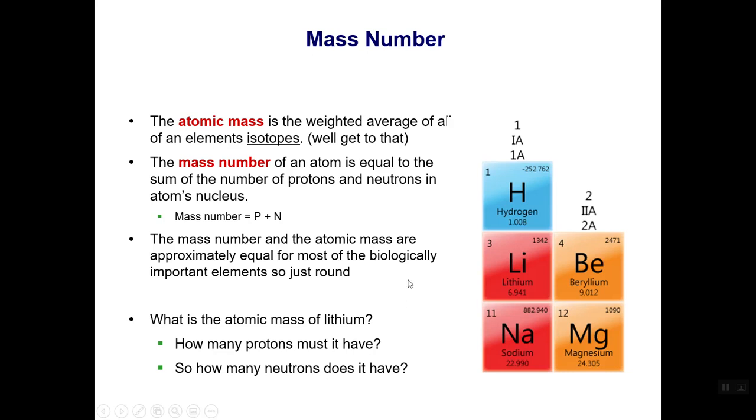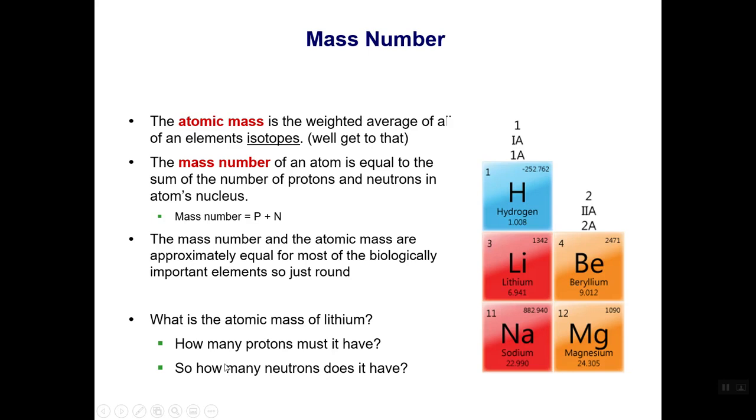For example, if I were to ask you, what is the atomic mass of lithium? You would tell me 6.941. If I were to ask you how many protons it has, you'd tell me 3 because that's its atomic number.